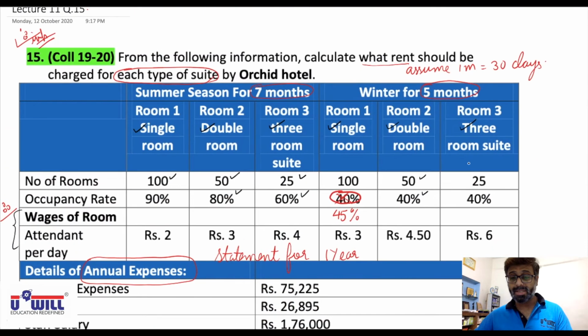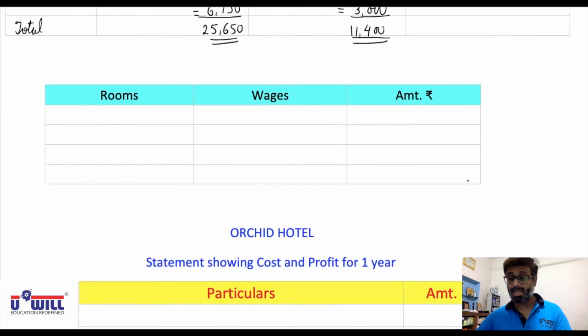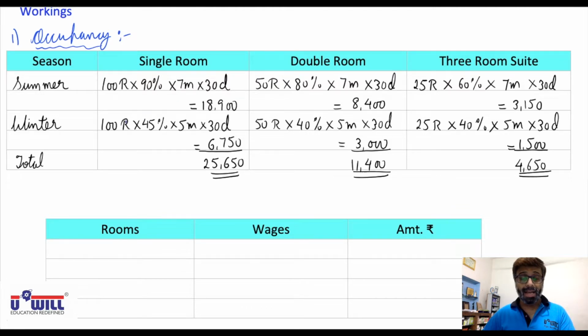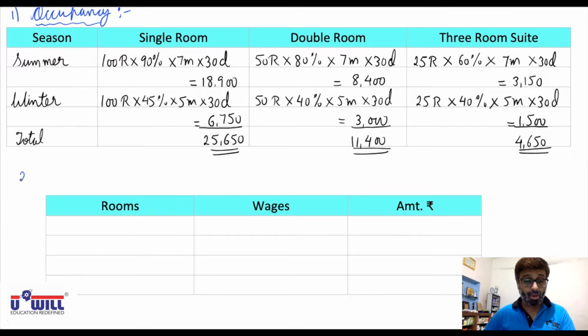And same, 40% occupancy in winter. So 25 rooms into 40% occupancy into 5 months into 30 days. So 25 into 40% is 10, into 5, 50, into 30, 1,500. Total is 4,650.